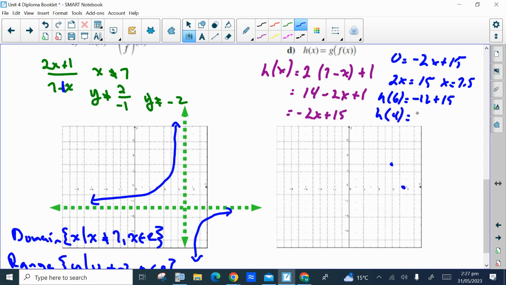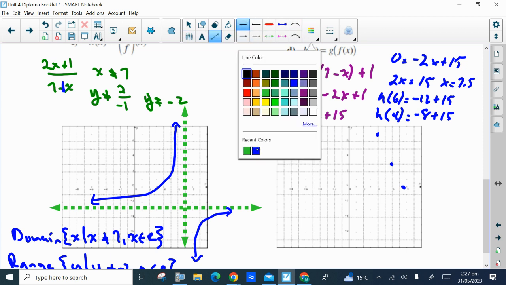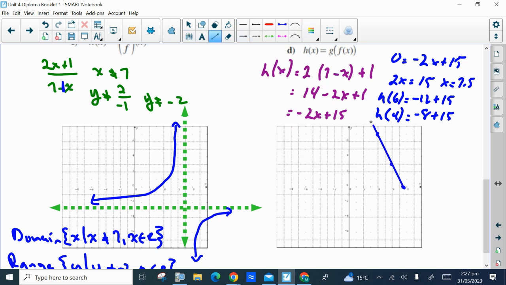When x is 4, it'll be -2 times 4, -8 plus 15, which is 7. So 1, 2, 3, 4, 5, 6, 7, approximately there. So we can just use a form of table of values to help us draw that line.